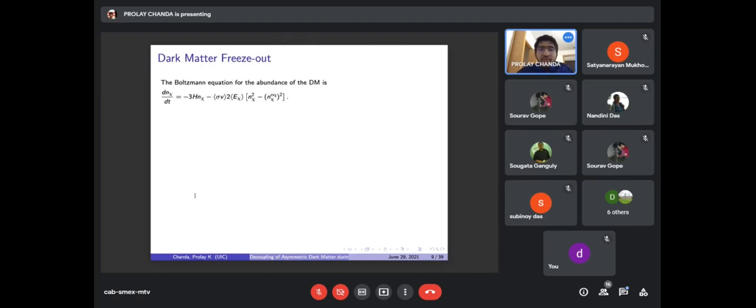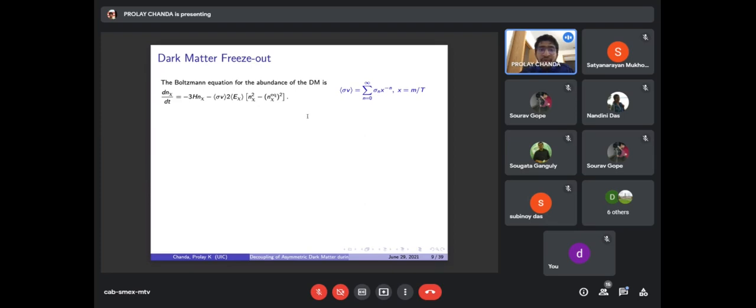And so we can write down the Boltzmann equation for the dark matter, and this equation cannot be solved exactly analytically. One way is to solve it numerically, or we can do it semi-analytically, with some approximations.